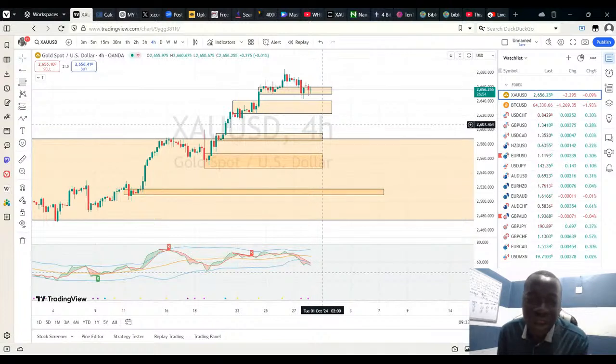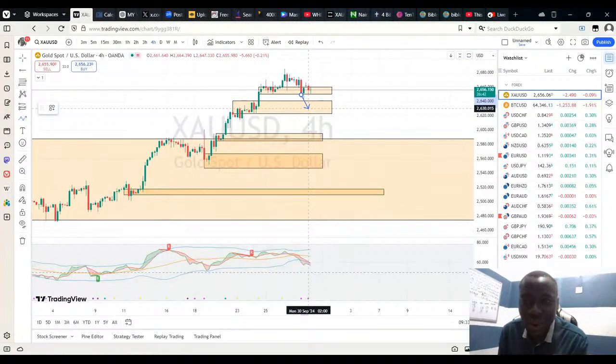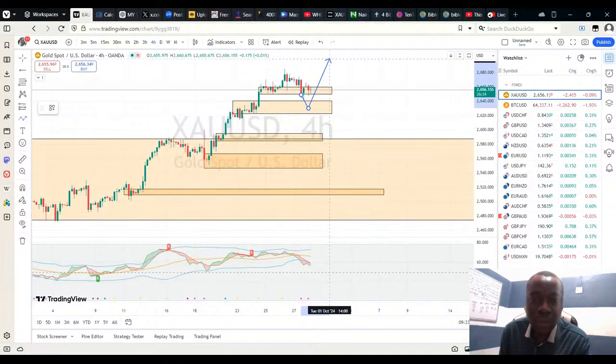Now, however, what are we still expecting? If they destroy this zone that I marked here, there's a possibility that gold might come down to this price of 2,630, and they will then push to the top massively again. They will break that price.